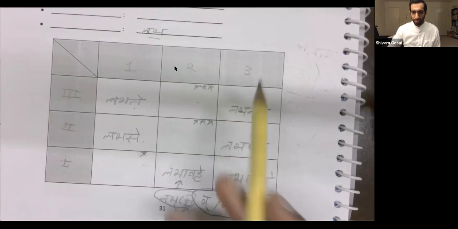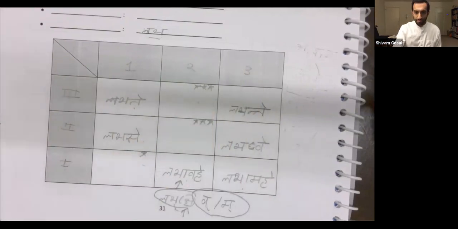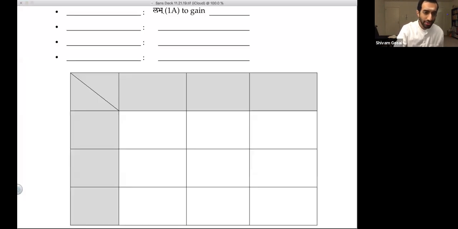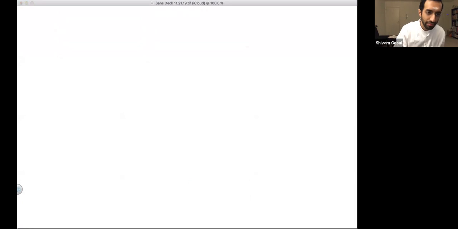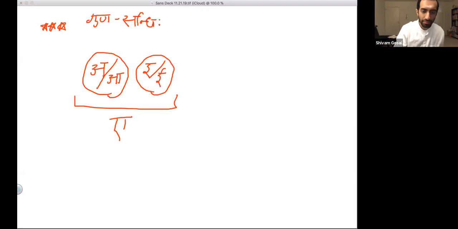Okay, now let's work on these three boxes here. For the Pratama Purusha Dvivachanam, we had 3 stars. So labhate, blank, labhante. I'm talking about that third person dual form.